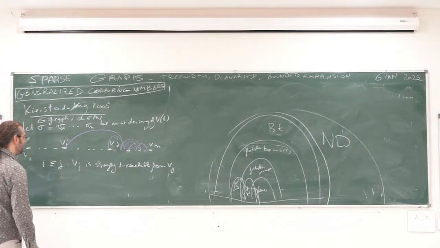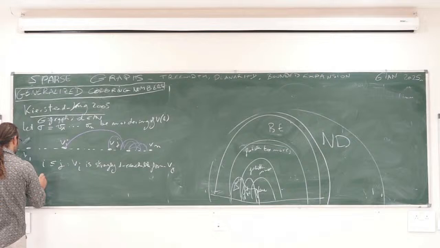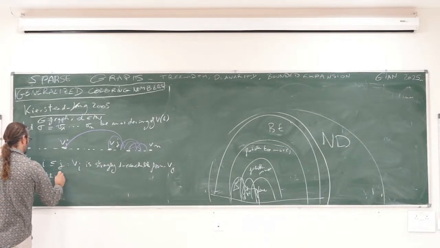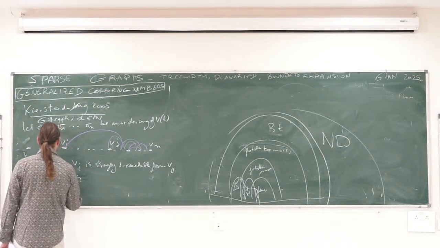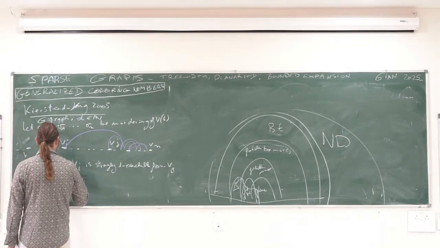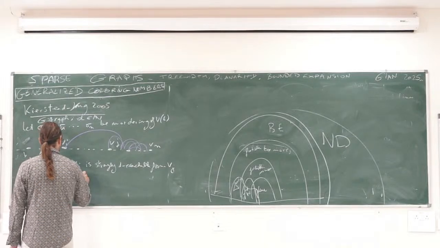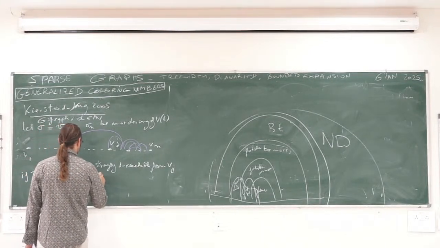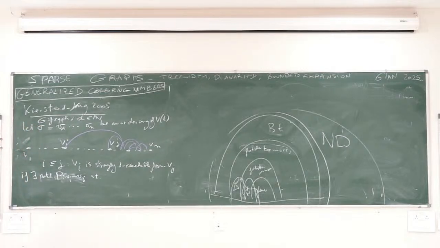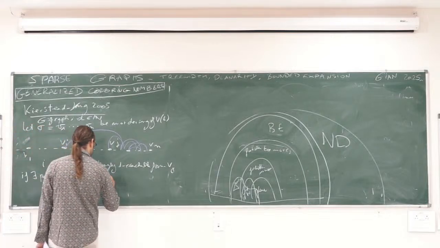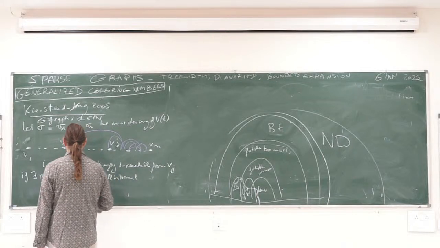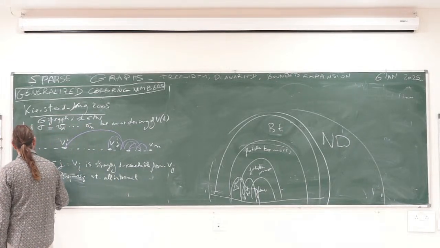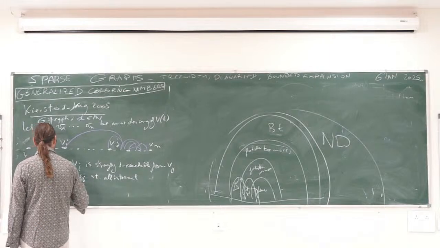Vi is strongly d-reachable from Vj if there exists a path P from Vi to Vj such that all the internal vertices of P are to the right of Vj.